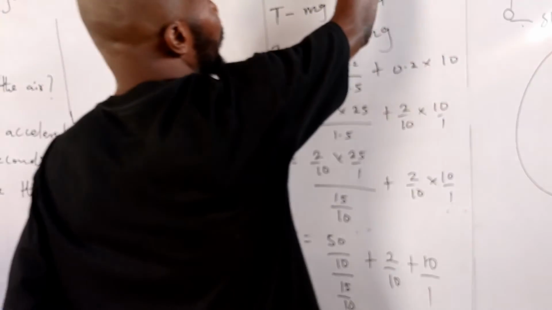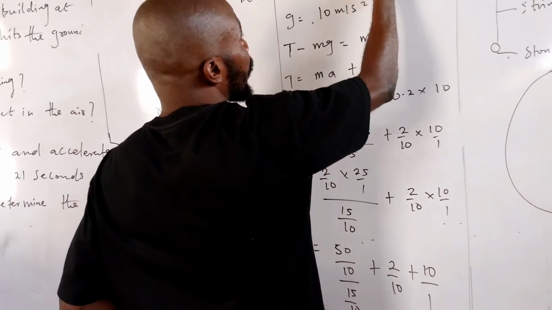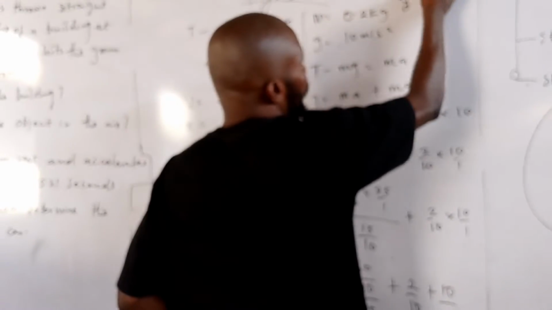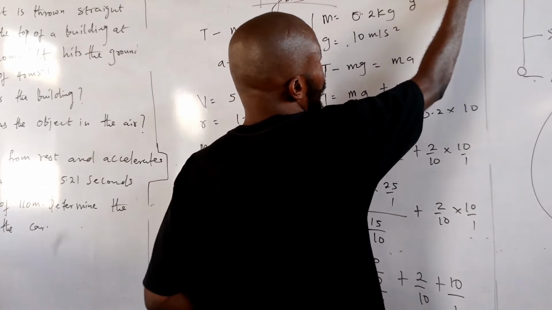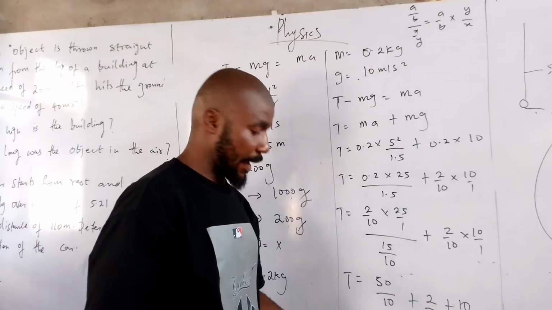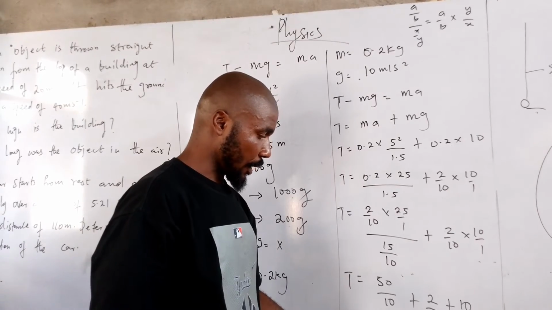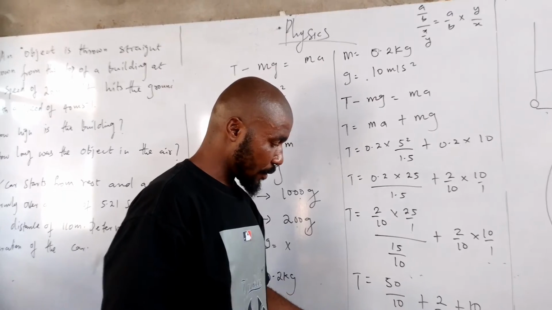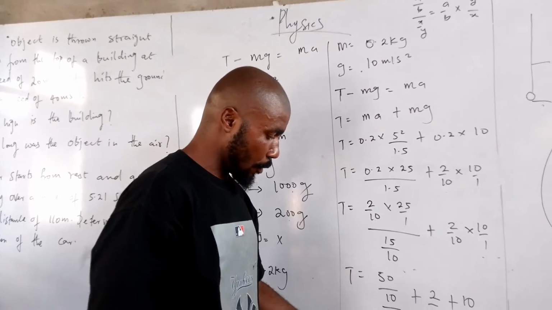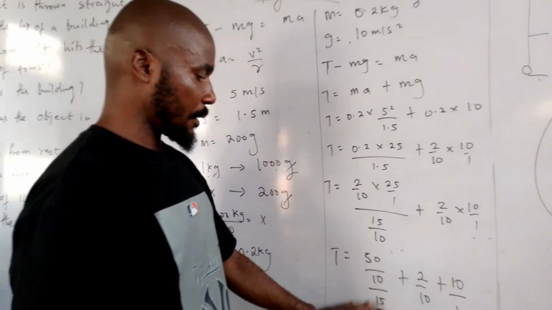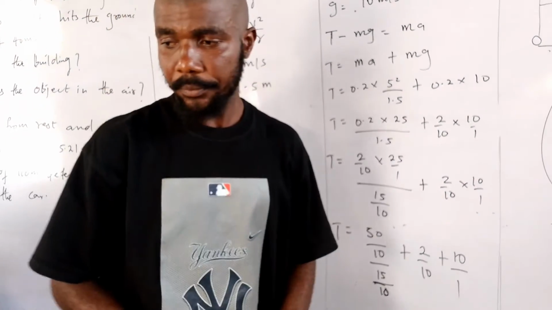Now watch, anytime you're solving maths, you have A over B all over X over Y. This is the same as A over B times 1, Y will come up and X will come down. We're going to use the same idea here. Okay, are you seeing it? 50 over 10 all over 15 over 10. Let's use the same idea here and see what we are going to get.